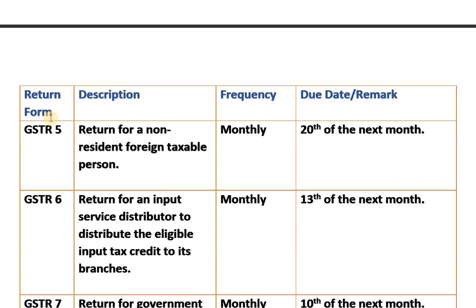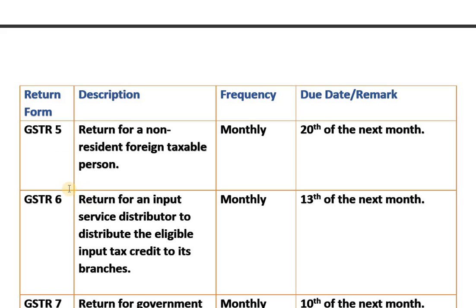Next type of return is Gstr 5, which is the return filed by a non-resident or foreign taxable person. This has to be filed on a monthly basis, and the due date is 20th of the next month.